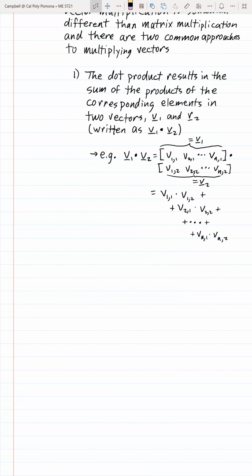Just like with our other mathematical operations, let's look at some properties. Note that V1 and V2 clearly must be the same size.